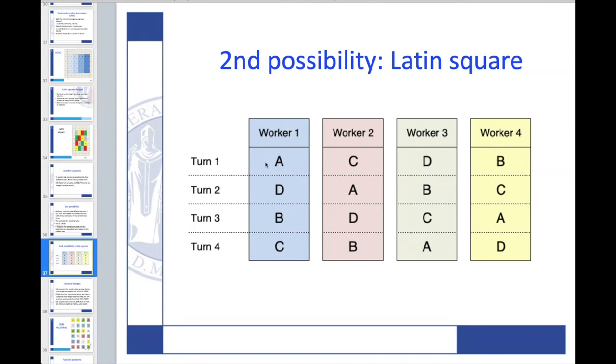We have the protocol A, which is used in the first turn by the worker 1, in the second turn by the worker 2, in the 4th turn by the worker 3, and in the 3rd turn by the worker 4. So we see all treatments in all workers and in all turns. This is a Latin square. Nothing to do with the field, but still a Latin square design.